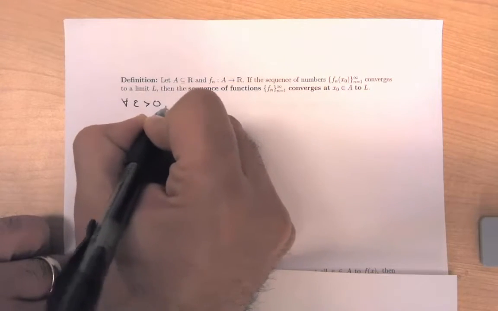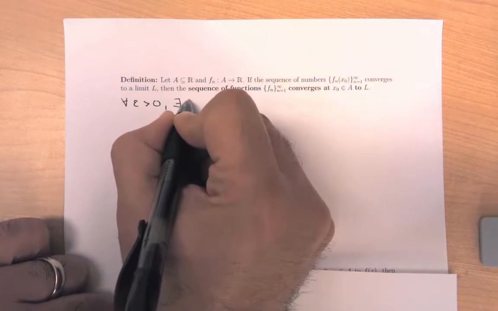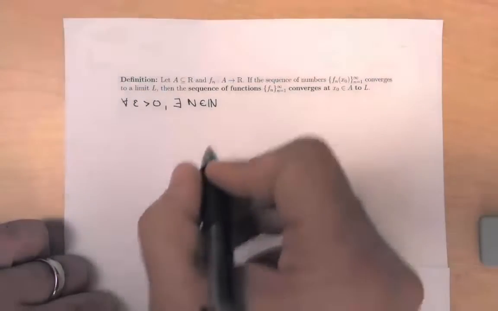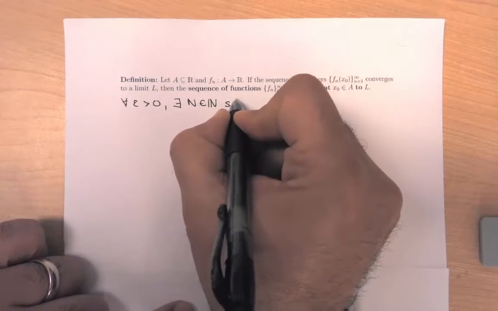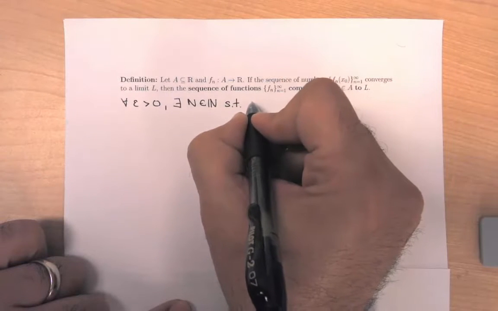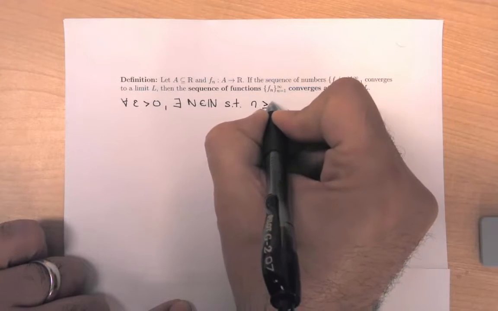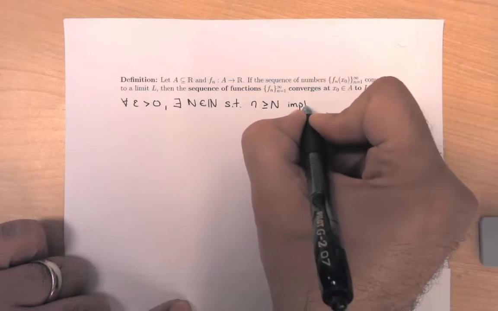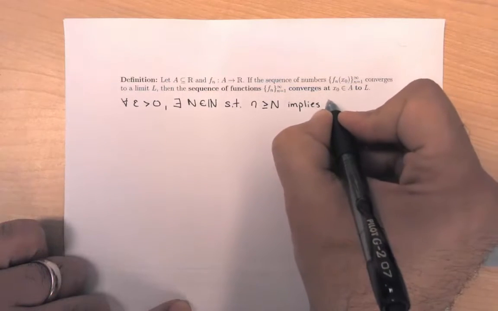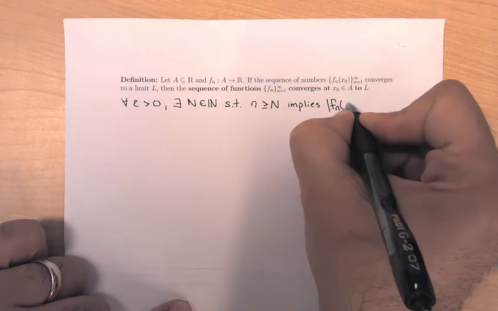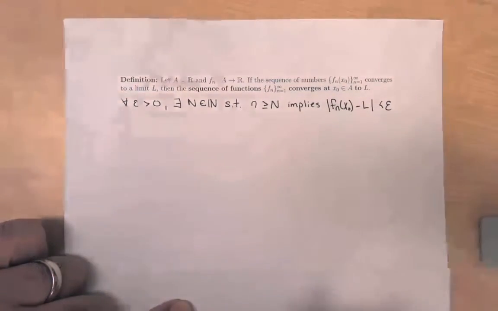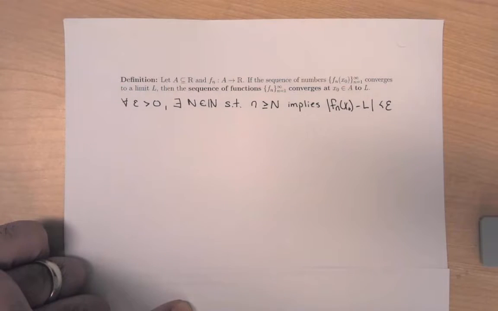For any epsilon greater than 0, there exists a natural number big N such that if n is greater than or equal to big N, then the absolute value of fn of x naught minus L is less than epsilon. Right? So that's putting the definition back into the language of sequence convergence.